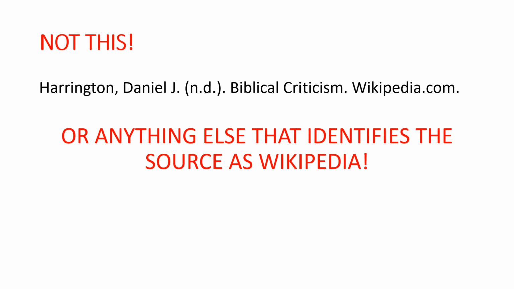You can do that with Wikipedia, but you've got to be honest and transparent as you work through your essay, saying, here's this great article by Daniel Harrington, this great definition, and here's where he wrote it originally in this article. If you do stuff like that, you will do very, very well in the writing of your papers.